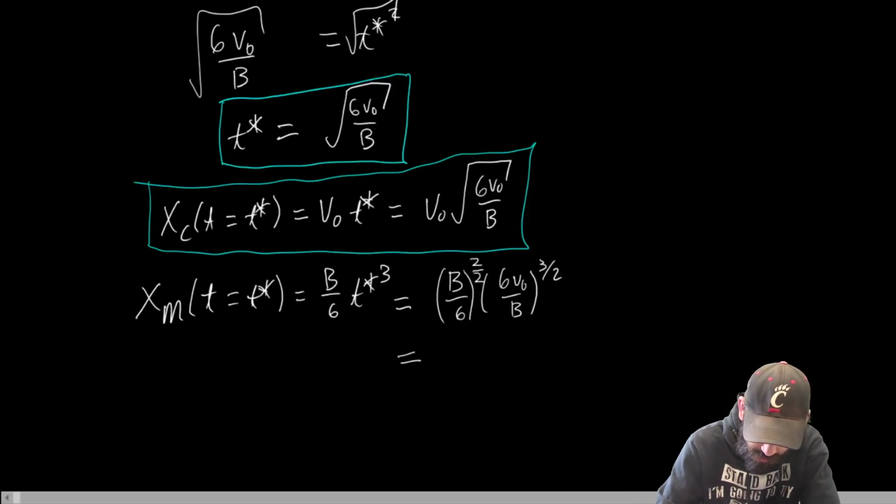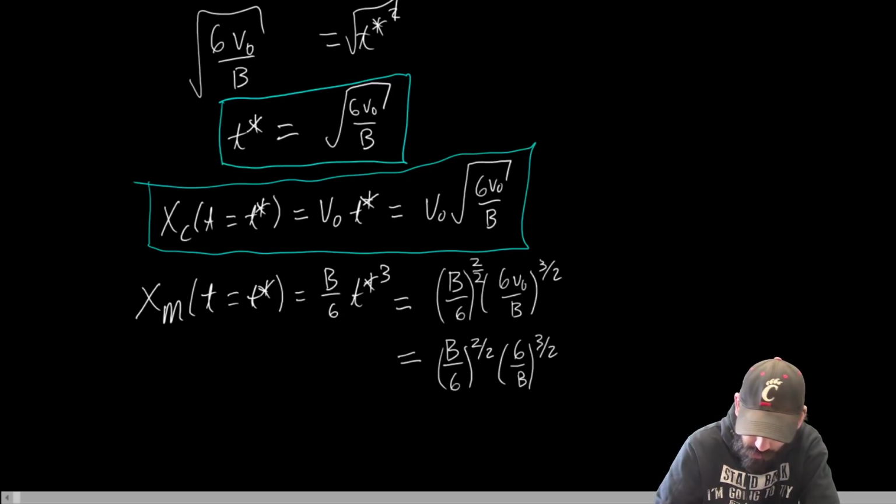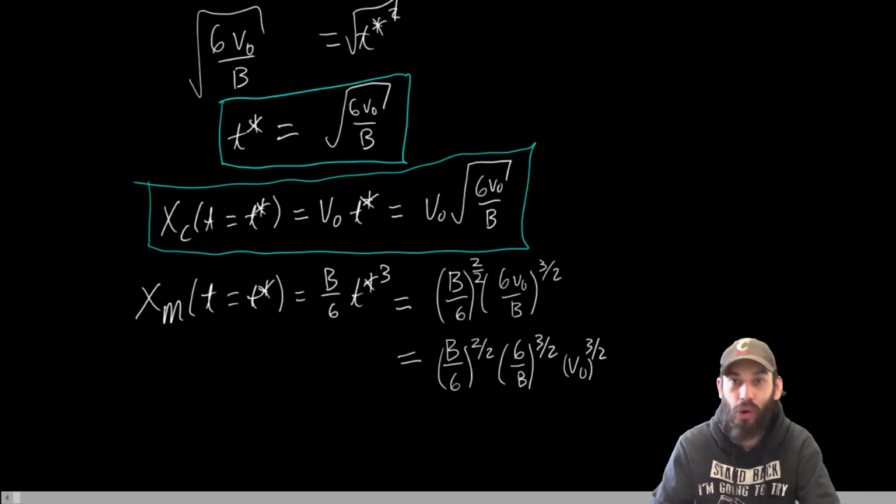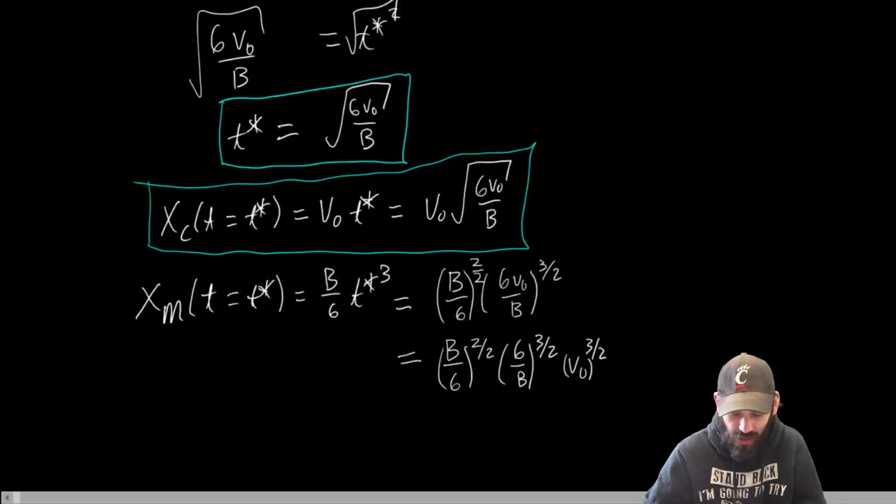So this is going to be (b over 6) to the 2 over 2, and then this is going to be (6 over b) to the 3 over 2 times v0 to the 3/2. Okay, I'm breaking this apart in a very particular way. You'll see why in a second.